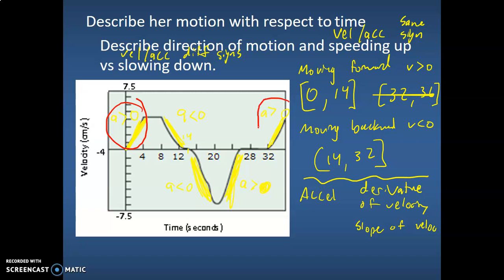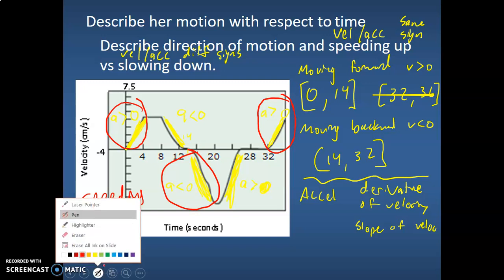I have positive velocity and positive acceleration here. And then I have negative acceleration with positive velocity, so that'd be slowing down. Here I have negative acceleration and negative velocity. So these 3 areas in red are where I am speeding up.